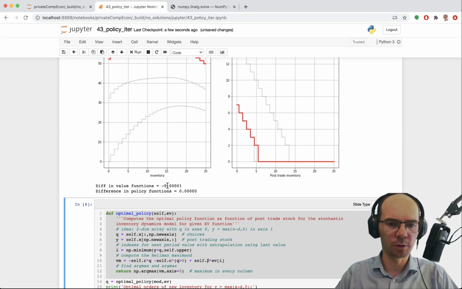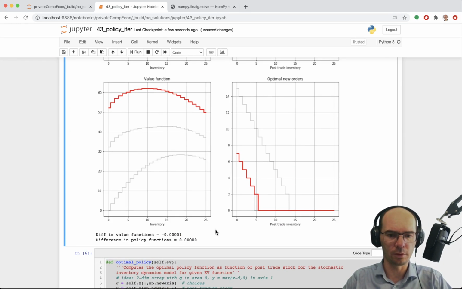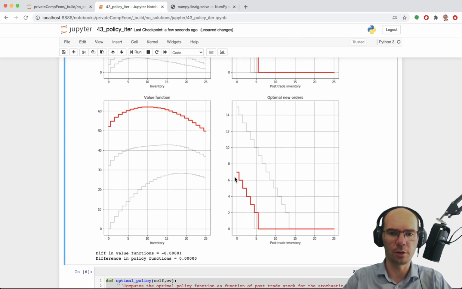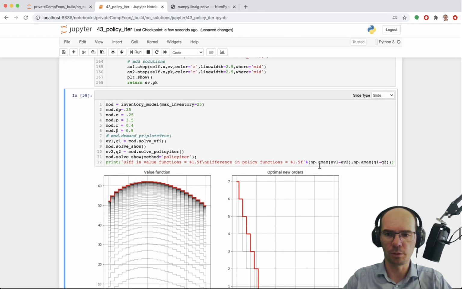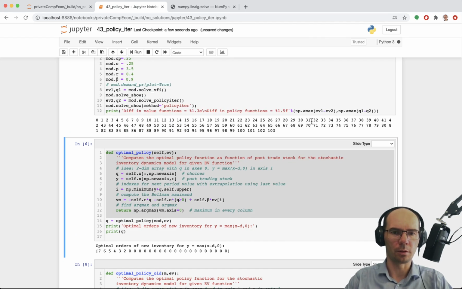So in the value functions, we get a little bit of difference, but nothing in the policy function. Well, of course, these are just integers, and here we have floats. What about the, let's actually say 3e, to get the magnitude.